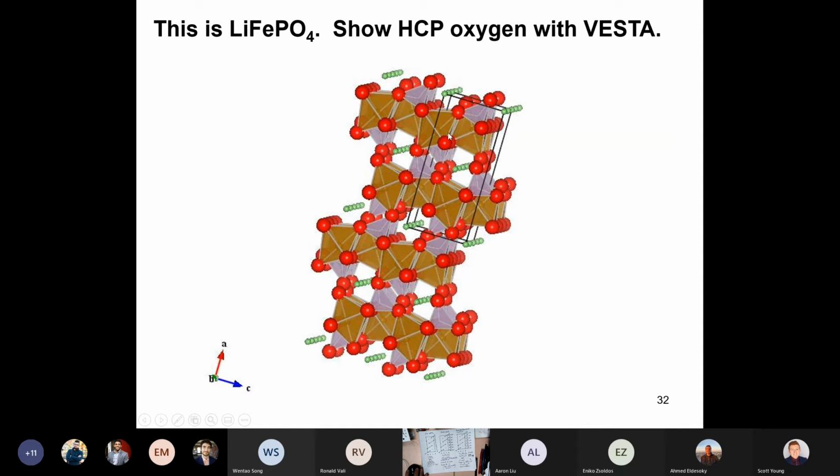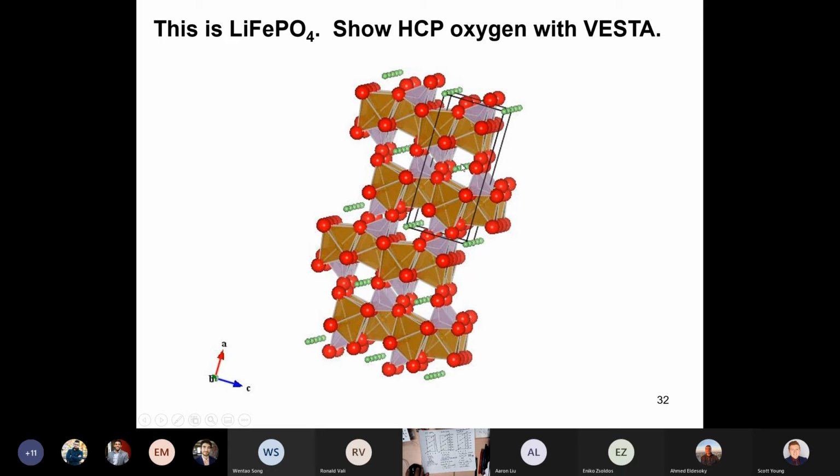These shaded polyhedra that contain iron in the middle are FeO6 octahedra, and these other polygons, which are tetrahedra, have phosphorus atoms in the center. These are PO4 phosphorus tetraoxide tetrahedra. And in between these iron oxygen octahedra and phosphorus oxygen tetrahedra, you find these tunnels that the lithium atoms can move along.